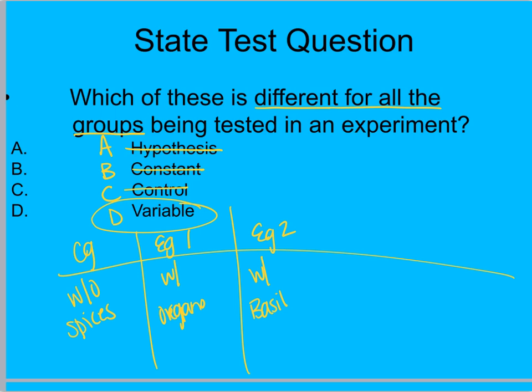Okay, so separate pan of lasagna with basil in it. Experimental group 3 with garlic. Does that make sense? So oregano is an independent variable. Basil is an independent variable. Garlic is an independent variable. So you can test more than one variable, you just have to put them in different groups. So that would be an example of that.